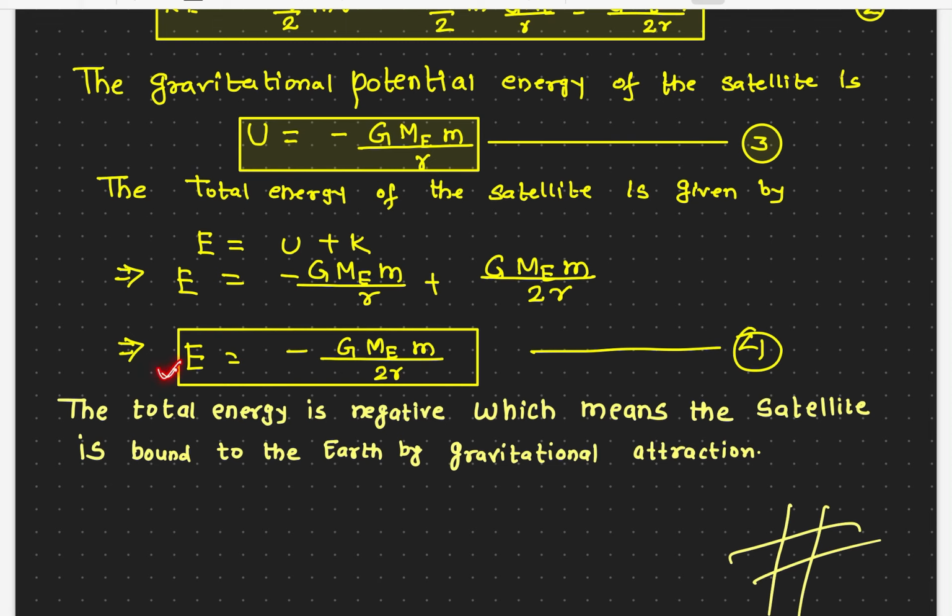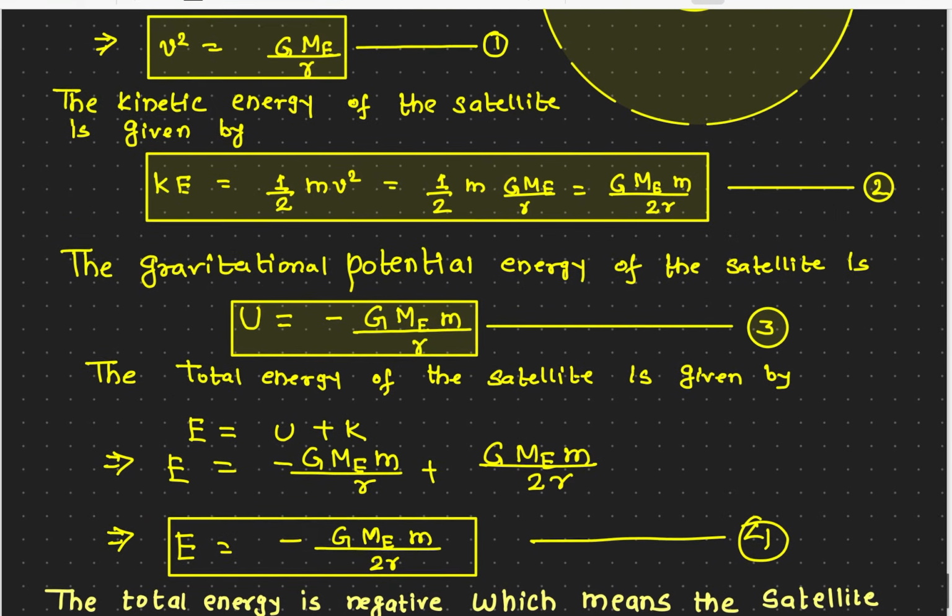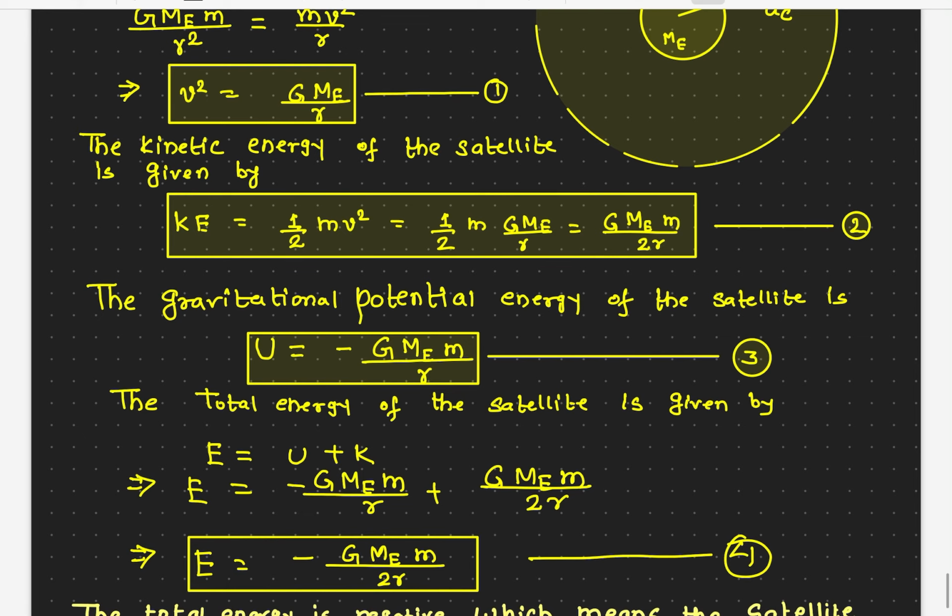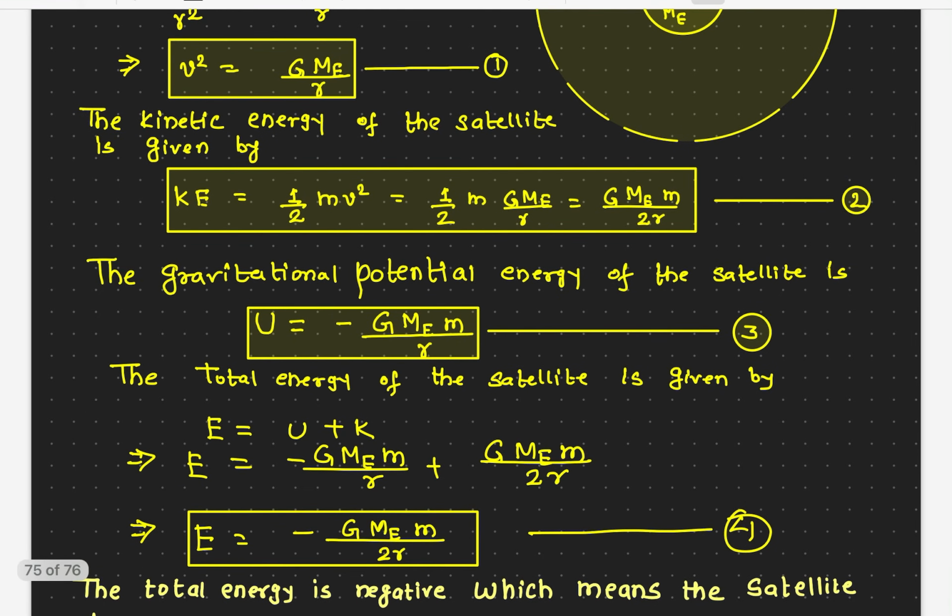And the other information you need to understand here is, look at the magnitude of the kinetic energy and potential energy. Kinetic energy is 1/2 of the magnitude of the potential energy, just the magnitude.